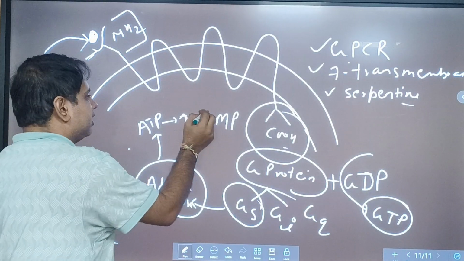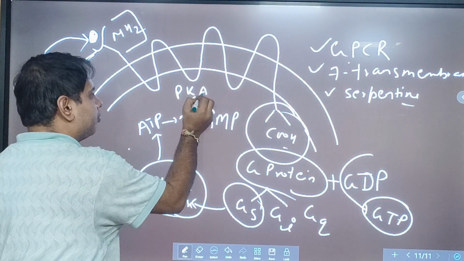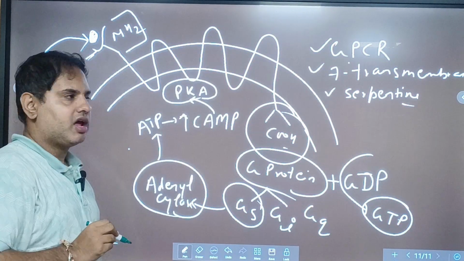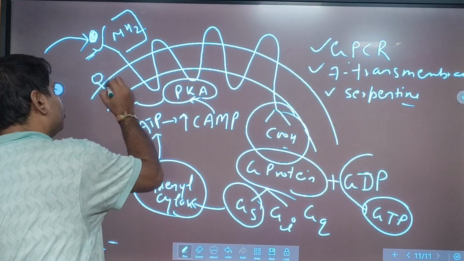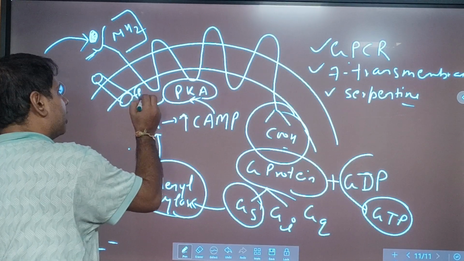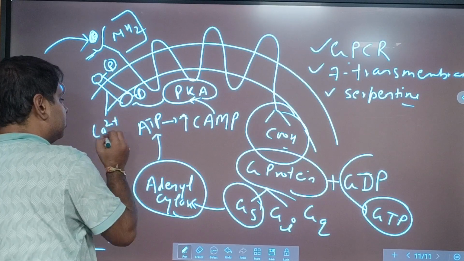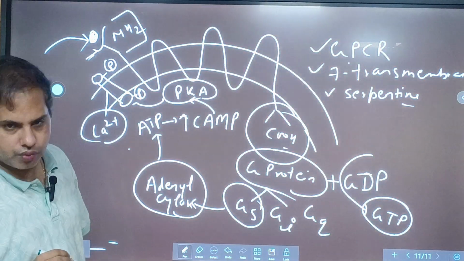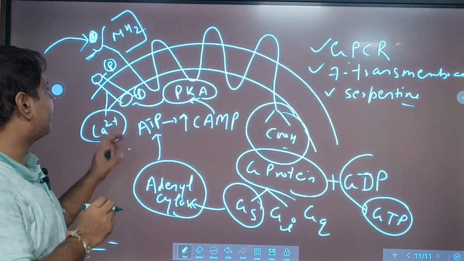Increase in cAMP level is going to activate protein kinases, particularly protein kinase A. And protein kinase A is going to phosphorylate your calcium channels.